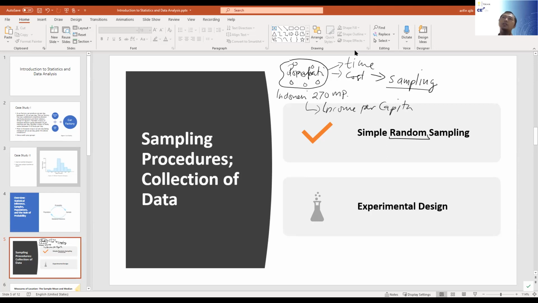So to fulfill the randomness, we should sample proportionally from Sabang to Merauke. Sample proportionally from Sabang to Merauke.